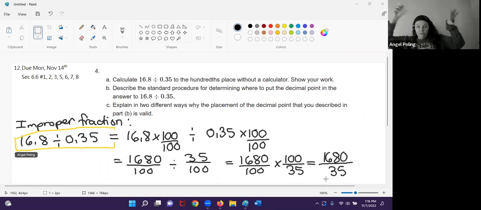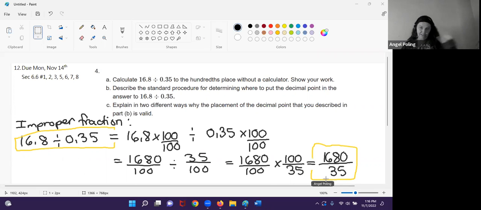So I want you to know that we started with this expression. We walked through equal signs, which means we said, this has the same value as that. This has the same value as that. This has the same value as that, until we got to the end. And we have this expression here. So we're showing that the 16.8 divided by 0.35 has the same value as 1,680 divided by 35.